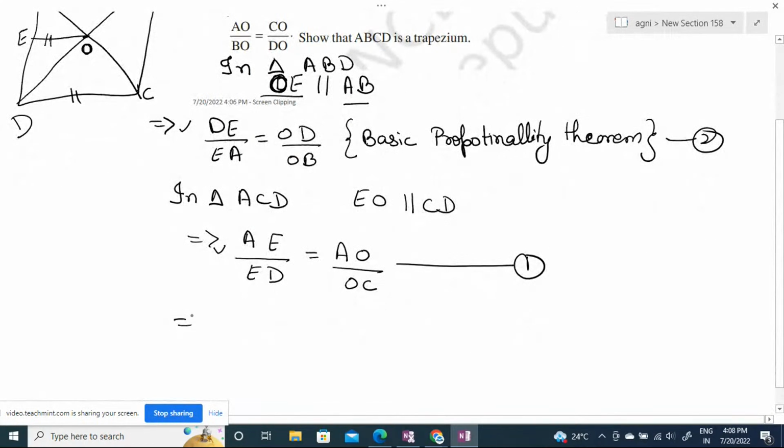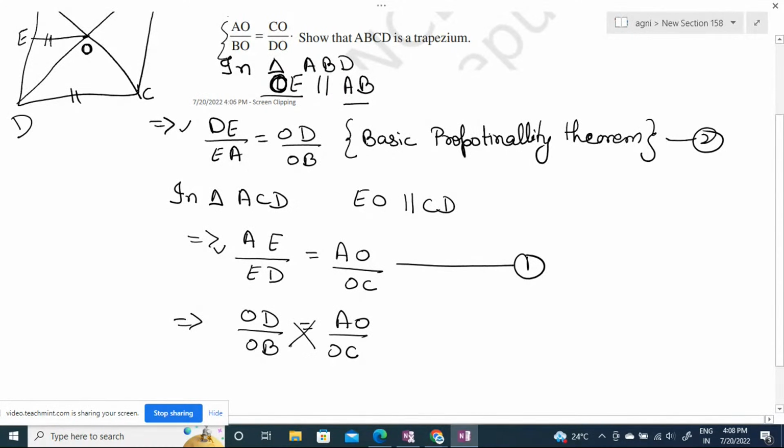So we write OD upon OB is equal to AO upon OC. So we have to prove AO upon BO and CO upon DO.